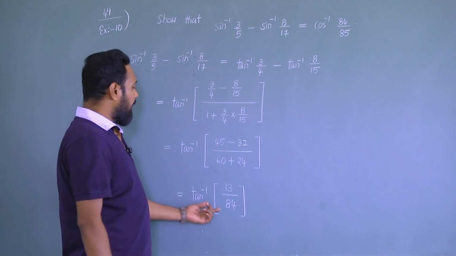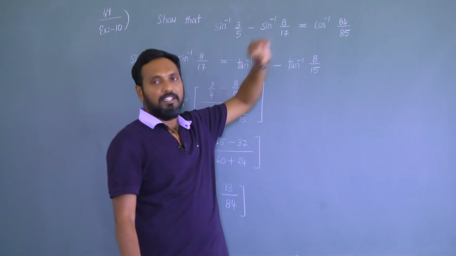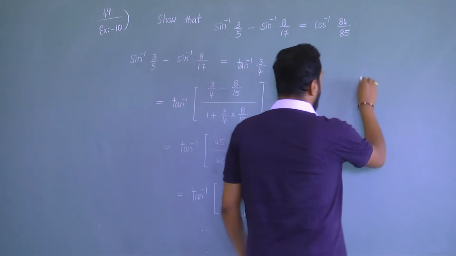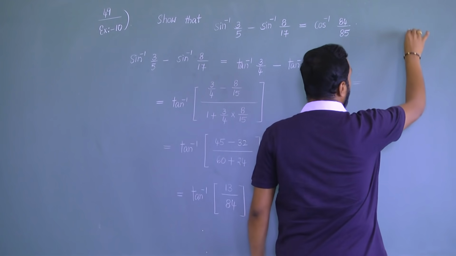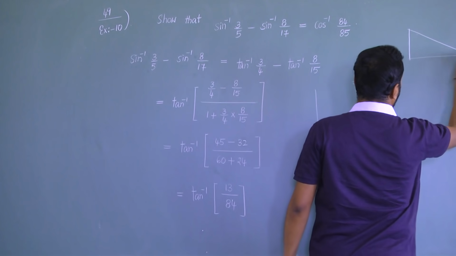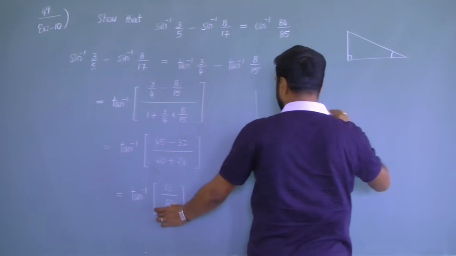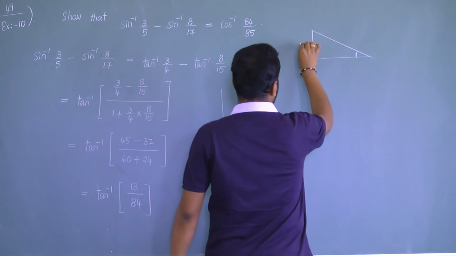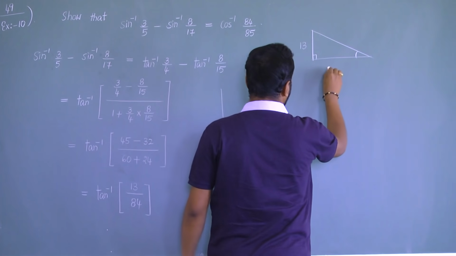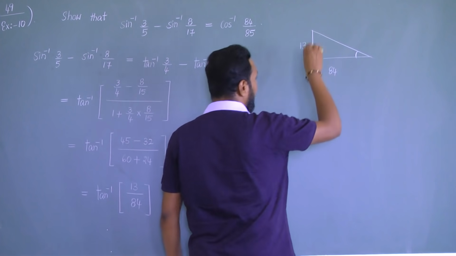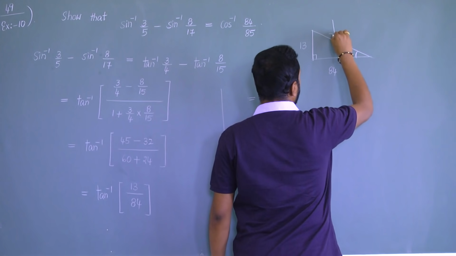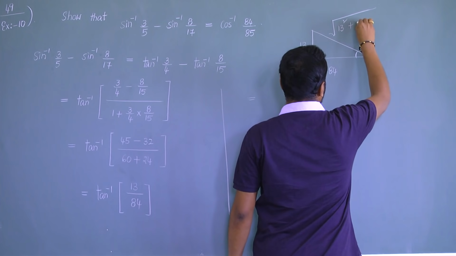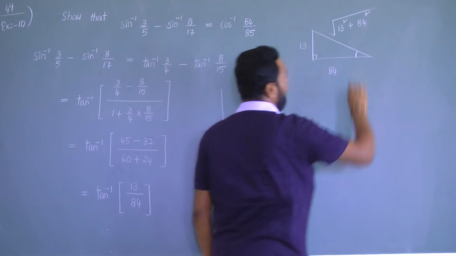But we want it in terms of cos inverse. Same concept of right angle triangle. Taking this term as alpha, opposite side 13, adjacent side 84, then hypotenuse becomes square root of 13 square plus 84 square.